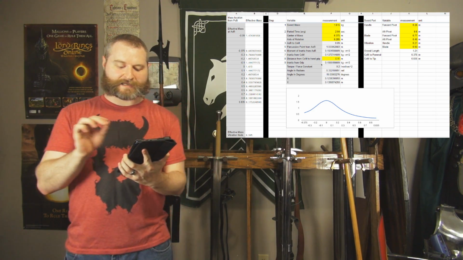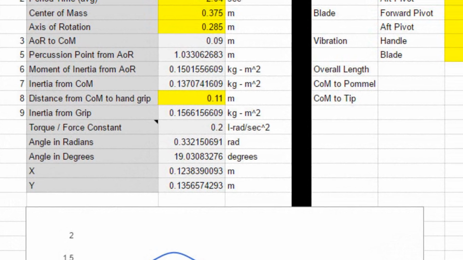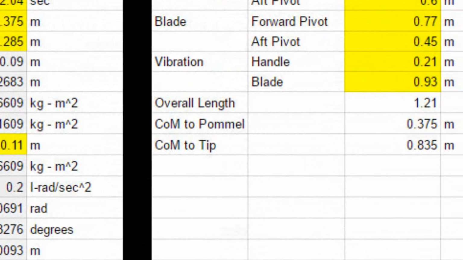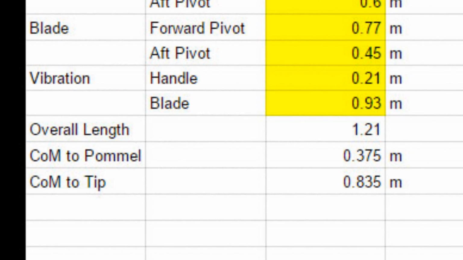So I have these handy things on this 1.21 meter blade: it's essentially 37.5 centimeters from that center of mass to the pommel. Sorry, and then 83.5 centimeters from that center of mass to the tip of the blade.